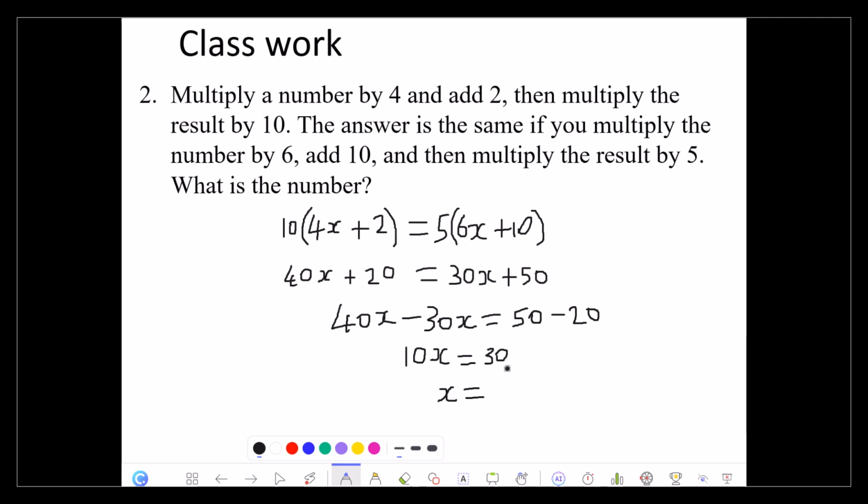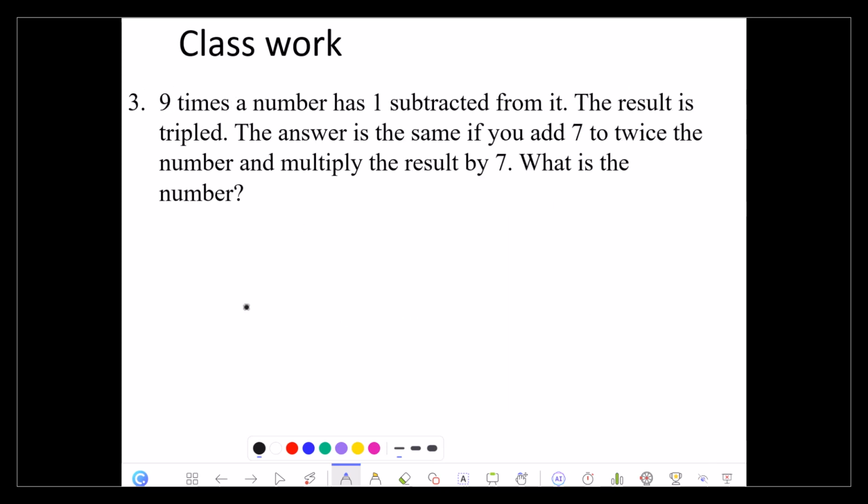So divide both sides by 10, now have 30 divided by 10, therefore x is going to be equals to 3. So the answer to this question is 3. Simple and very easy.